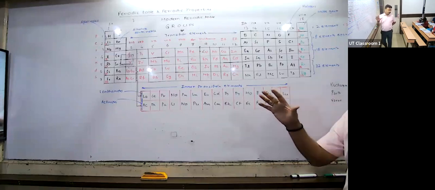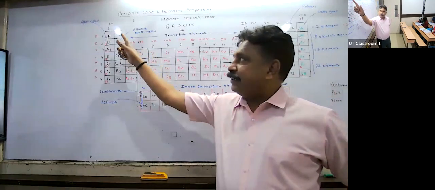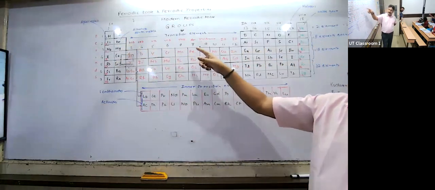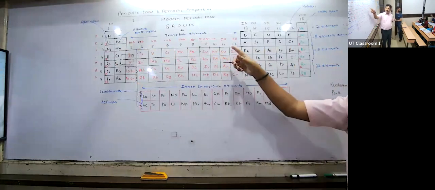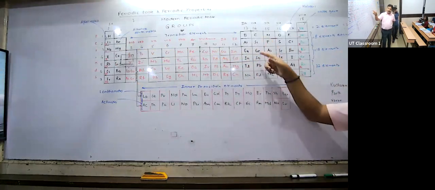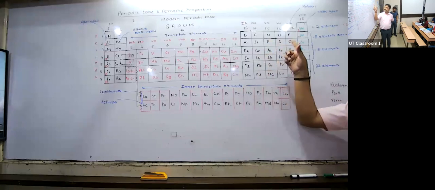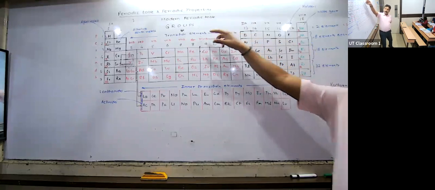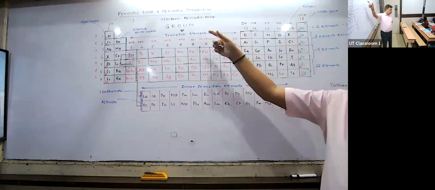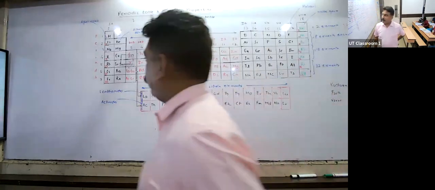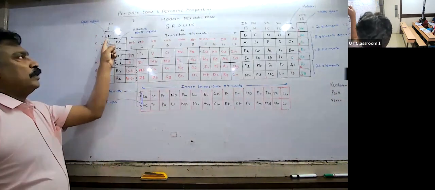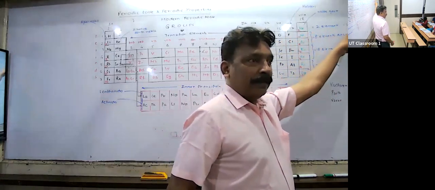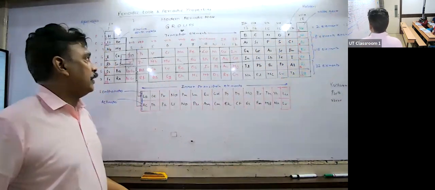This periodic table consists of 18 vertical columns, 1 2 3 up to 18. These 18 vertical columns are called groups, and then there are 7 horizontal rows, called periods. The first period consists of 2 elements, the shortest period, hydrogen and helium.